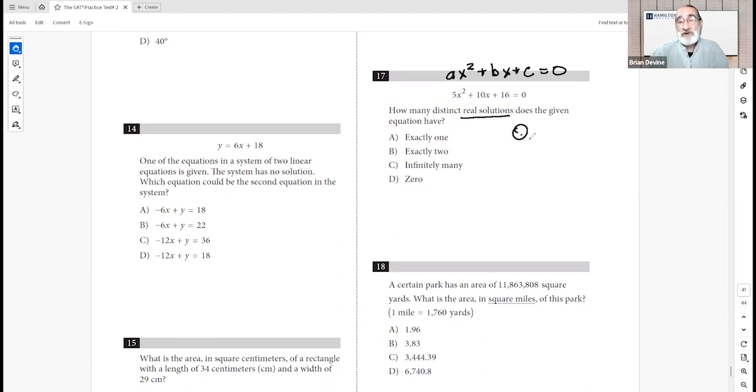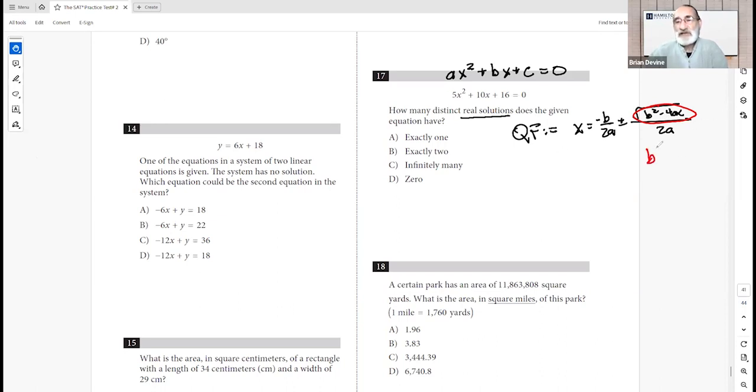And the quadratic formula tells me that, well, if this equals 0, then x is going to be negative b over 2a plus or minus the radical of b squared minus 4ac over 2a. And the thing inside the radical, which we call the discriminant, b squared minus 4ac, that'll tell me how many real or complex solutions I'll have.